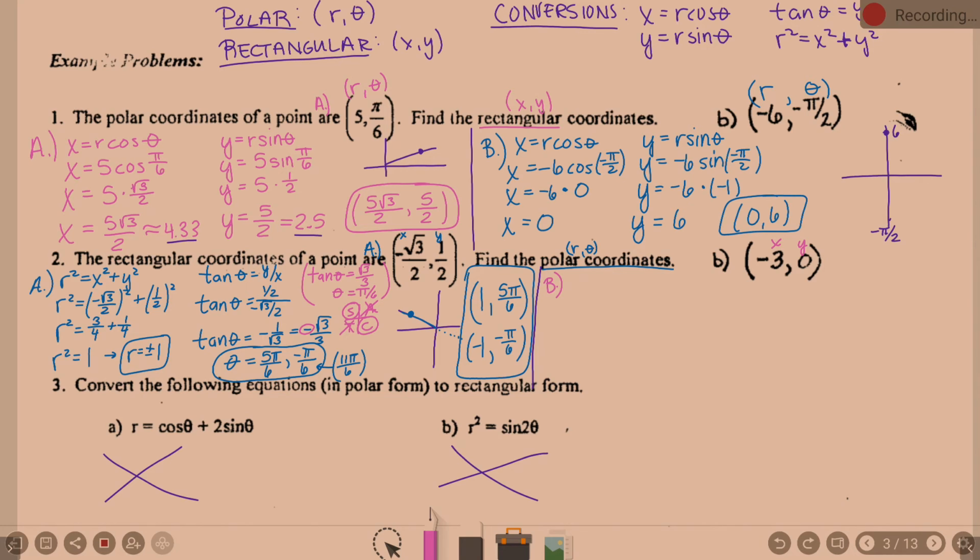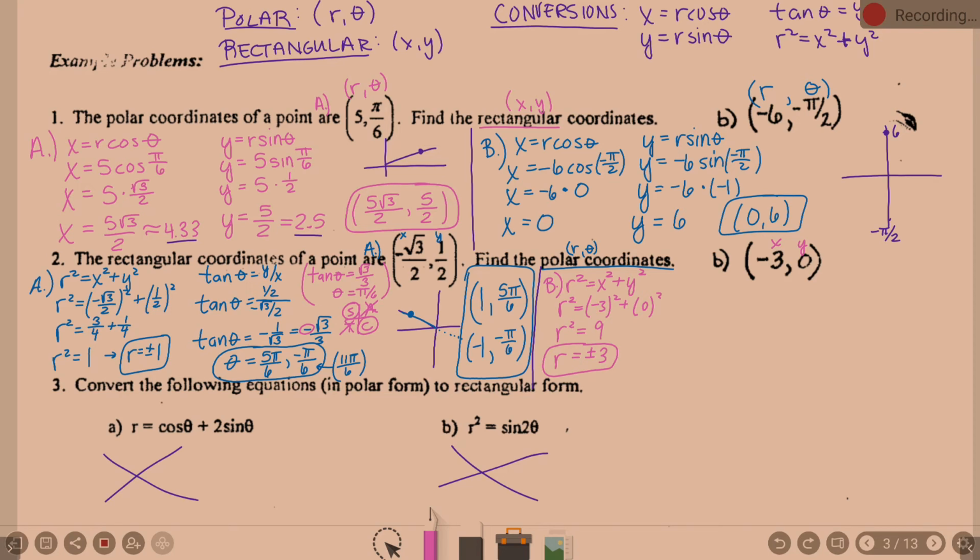So r squared equals x squared plus y squared. r squared equals -3 squared plus 0 squared. r squared is 9. So what's r? Plus or minus 3. You have to give both, yes, because here's the deal, guys. Anytime you go from rectangular to polar, you're going to have two answers.